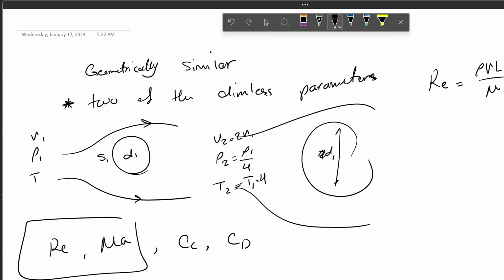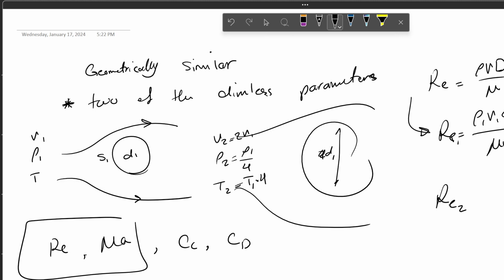If it was a flow over a flat plate, you would have used the length of the plate. So rho V D divided by mu. What is the Reynolds number for case 1? Rho 1, V1, d1, divided by mu 1.